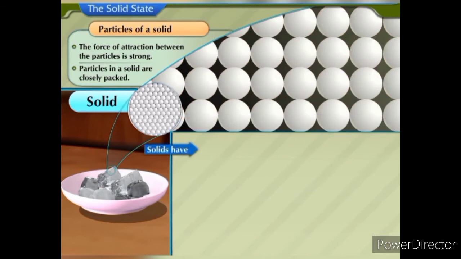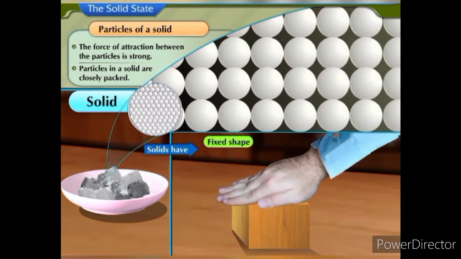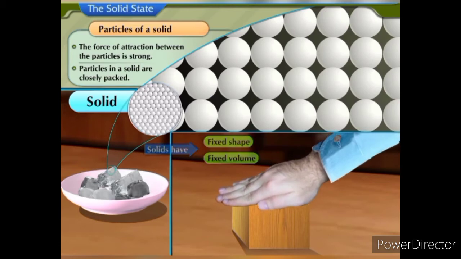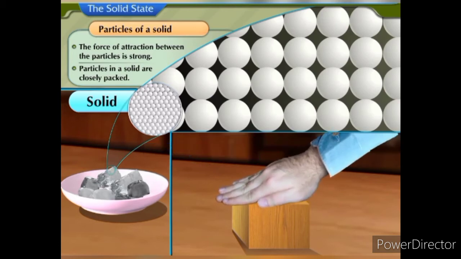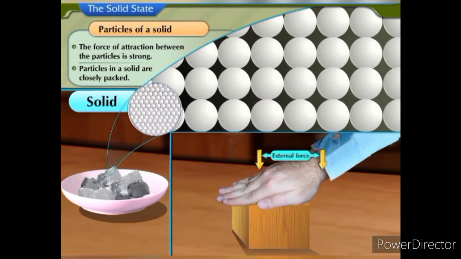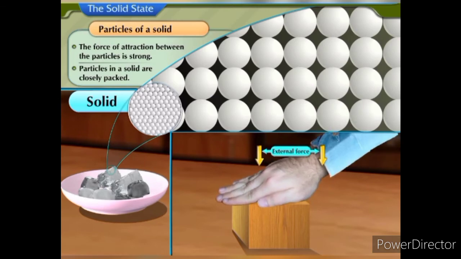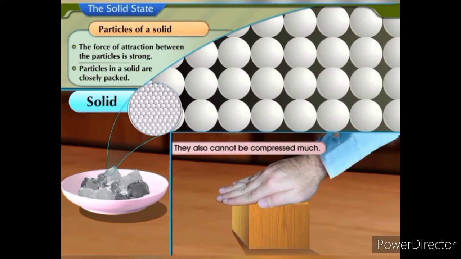Therefore, solids have a fixed shape and a fixed volume. They maintain their shape even when they are subjected to external force. That is, they are rigid. They also cannot be compressed much.